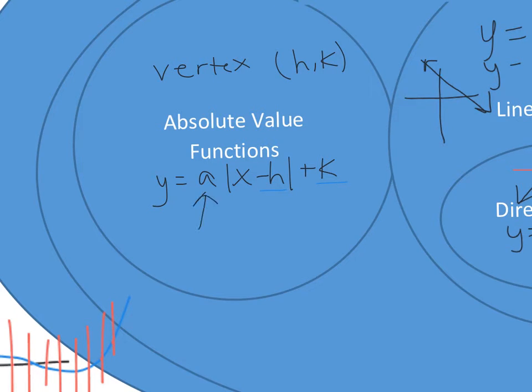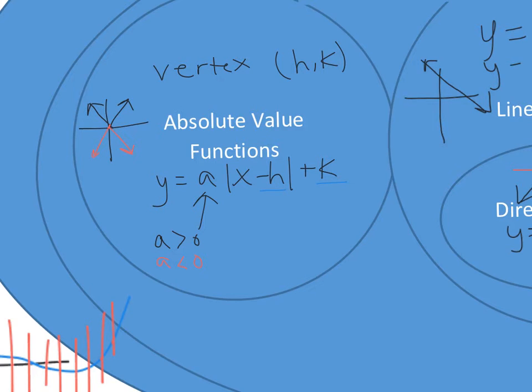This a value tells you if the function has been reflected across the x-axis or not. If a is positive, then it opens up. But if a is negative, it means it's been reflected over the x-axis and it opens down.